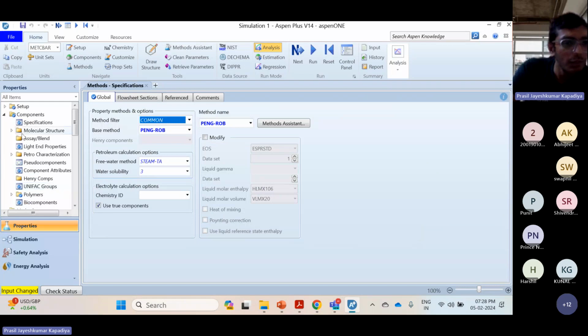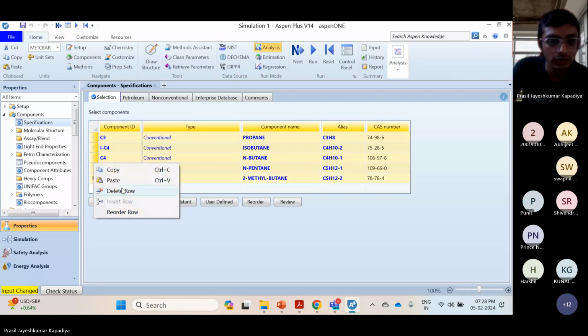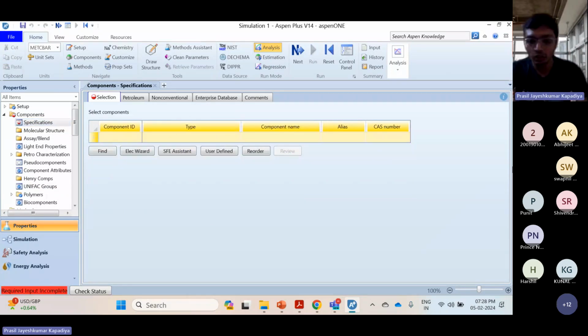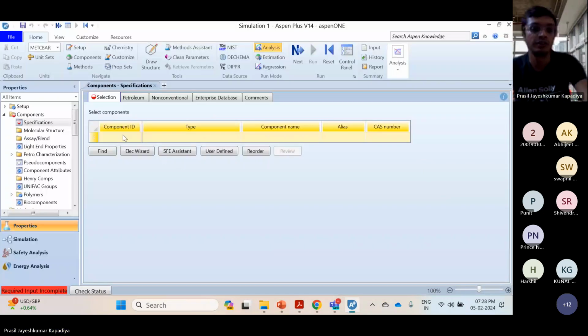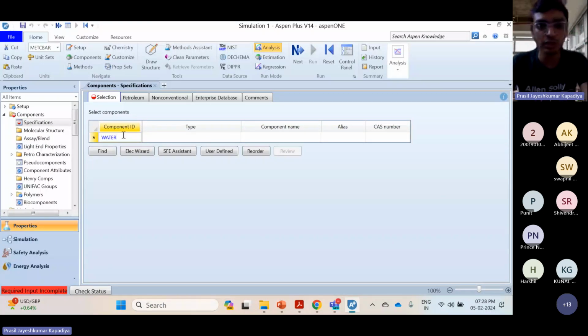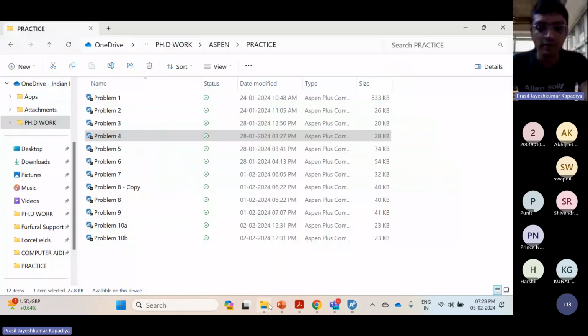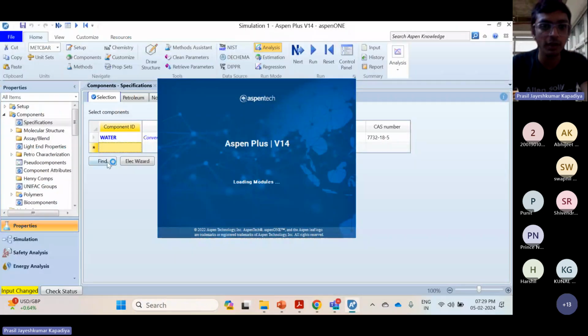Not methods, where are components? Yeah, components first we need to add components. I will delete all these. So I have water, MEK and solvent is N-octanol. Water, was it N-octanol or N-octanic? Wait, I will check what was the solvent. Just give me a minute. I guess it is N-octanol as far as I remember.